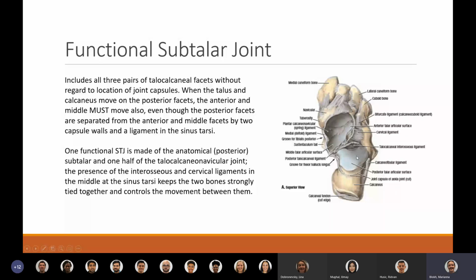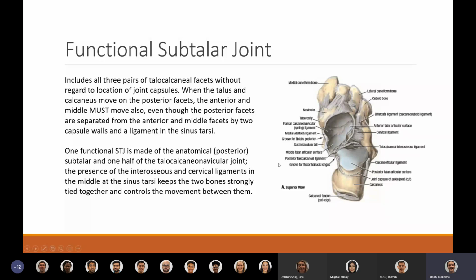This is your posterior facet that is located on the calcaneus, so it's your posterior talar facet. When the talus and the calcaneus move on the posterior facet, let's say only, right? The anterior and middle facets also have to move. They're not independent, okay?